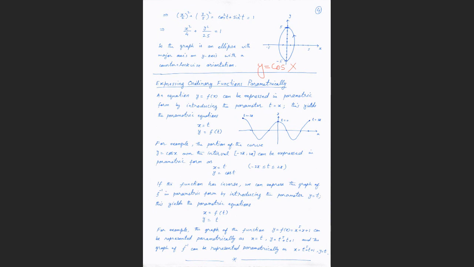Whenever we write a function, the independent variable is that variable which you choose by yourself. If I write x, then y depends on x, so x is the independent variable. So if I choose x is equal to t, then y becomes y is equal to cosine of t. So these two equations are called parametric equations.